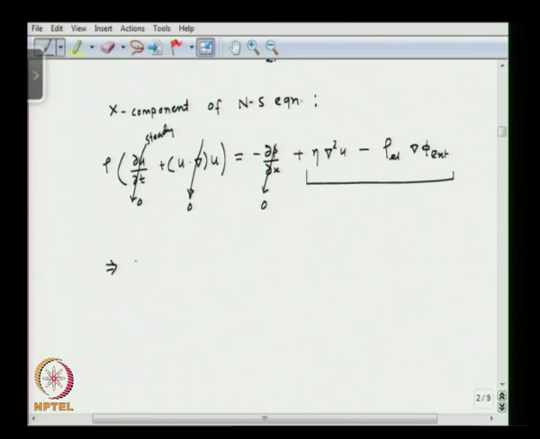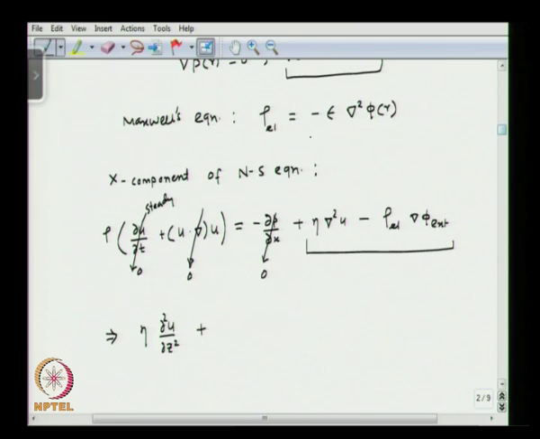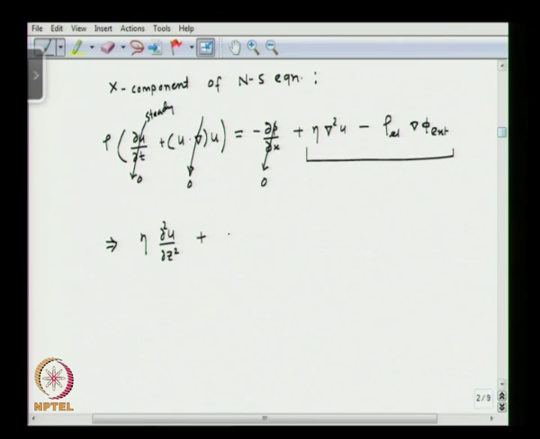So, we have only these two terms in the equation. We say that eta del square u over del z square, because u is only a function of z, and we have an expression for the charge density from here. So, we can write plus epsilon del square phi over del z square into electric field equal to 0.